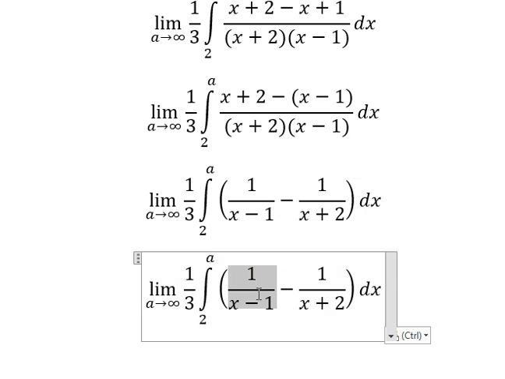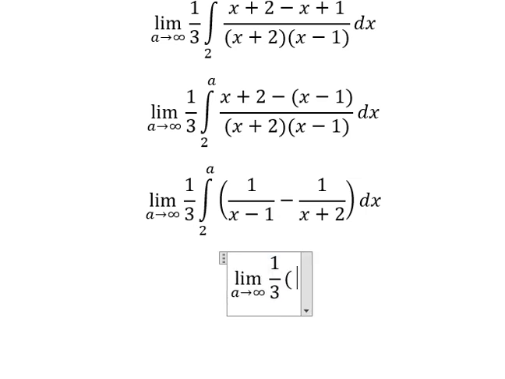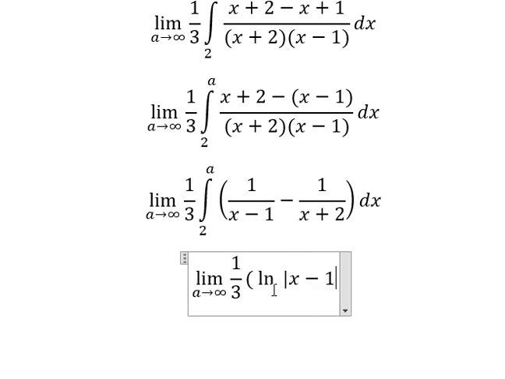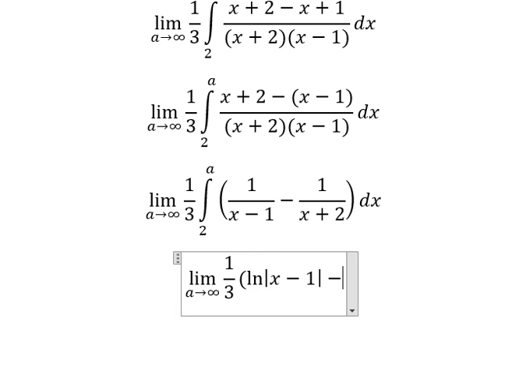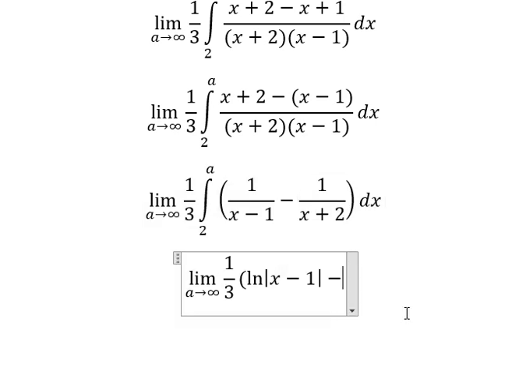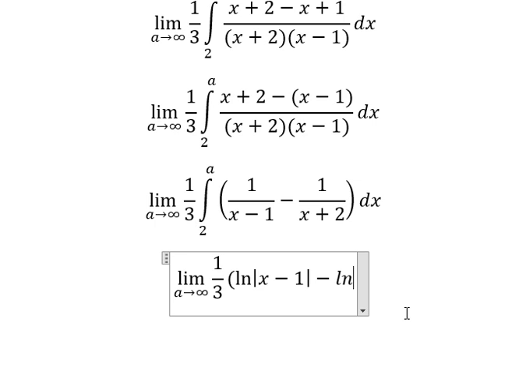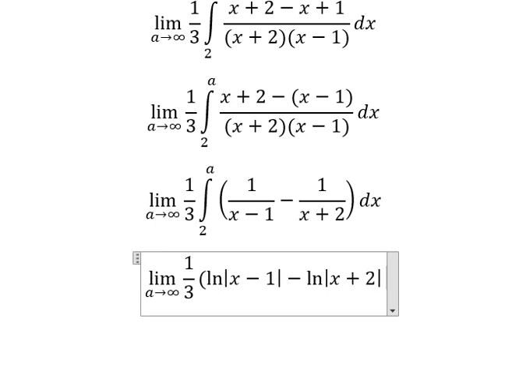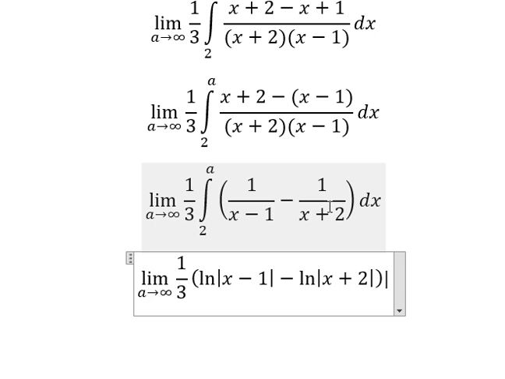So the integration of this one, we have Ln of the absolute value of s minus number 1. The integration of this one, we have Ln of the absolute value of s plus number 2, and we put the bounds from number 2 to a.